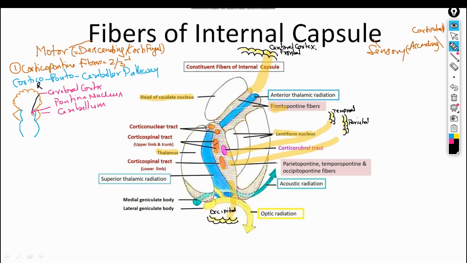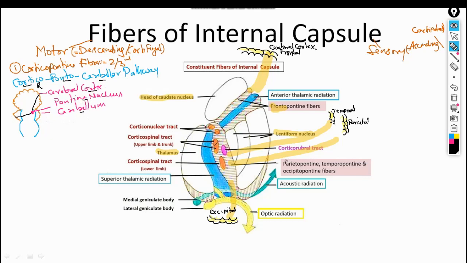Then the fibers cross and go to the cerebellum of the opposite side. This is cortico with the cortex, ponto with the pontine nucleus, and cerebellar with the cerebellum pathway.